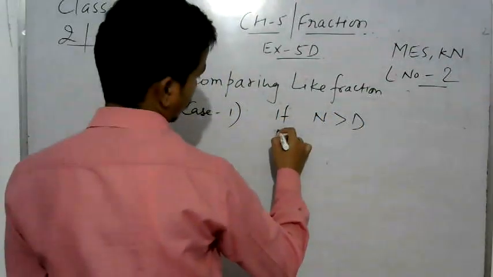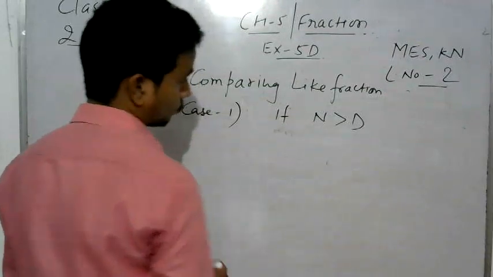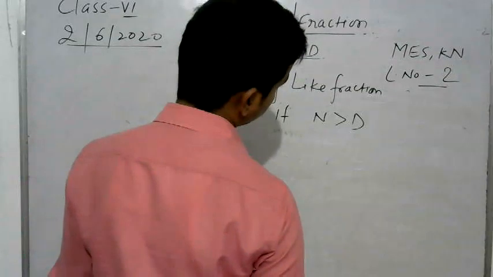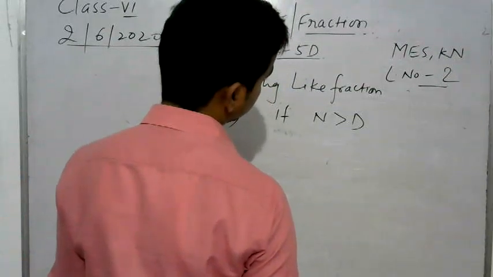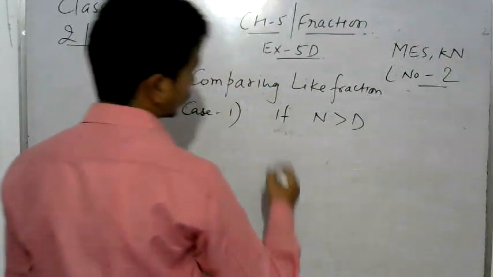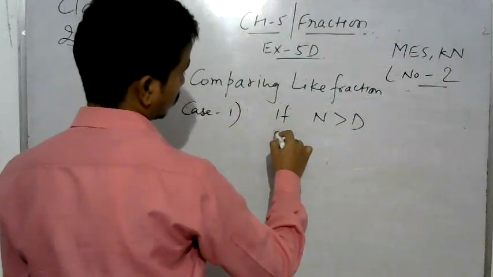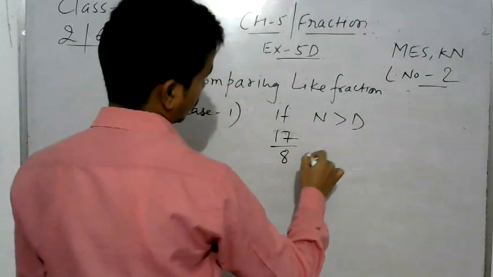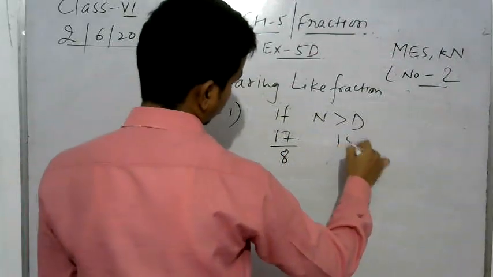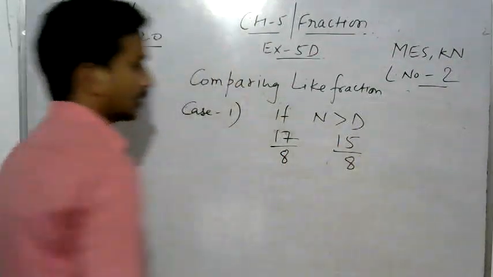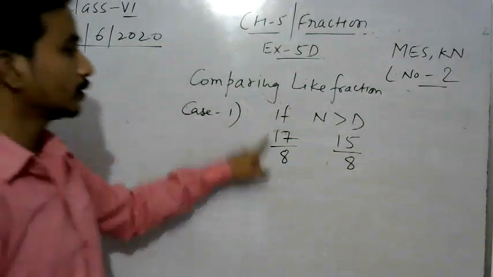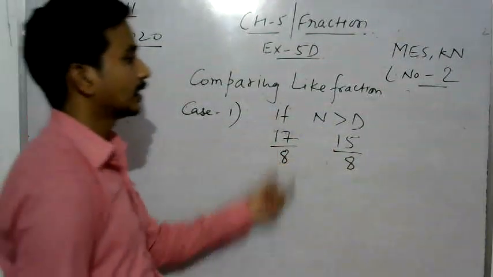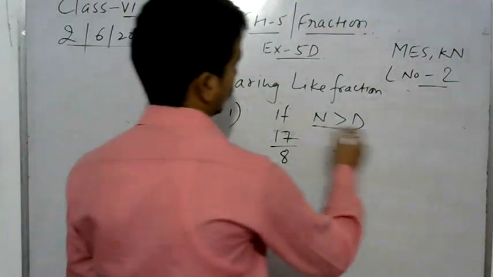Suppose 17 by 8 and 15 by 8. If the numerator of both the fractions is greater than the denominator, then how will we compare them?